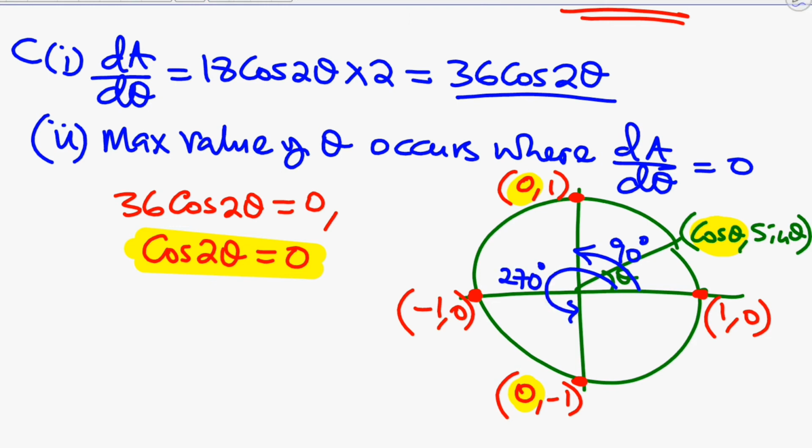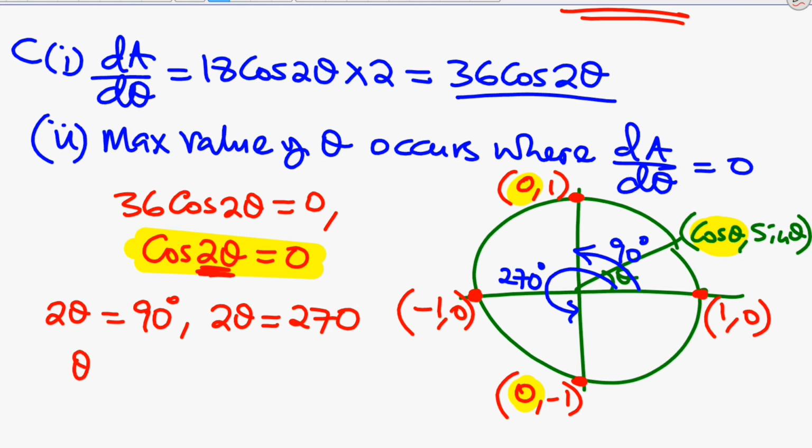So you can go back here and say that theta will be equal to 90 degrees. Actually, not theta, because it's 2 theta here, right? You have to be careful with that. So 2 theta is equal to 90 degrees, or 2 theta is equal to 270 degrees, which means theta will be equal to 45 degrees, or theta will be 135 degrees.